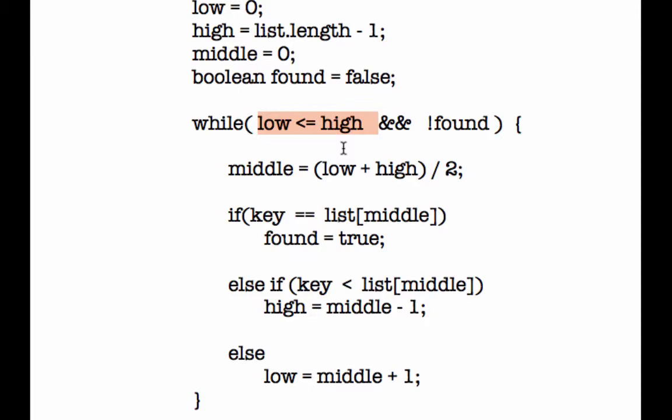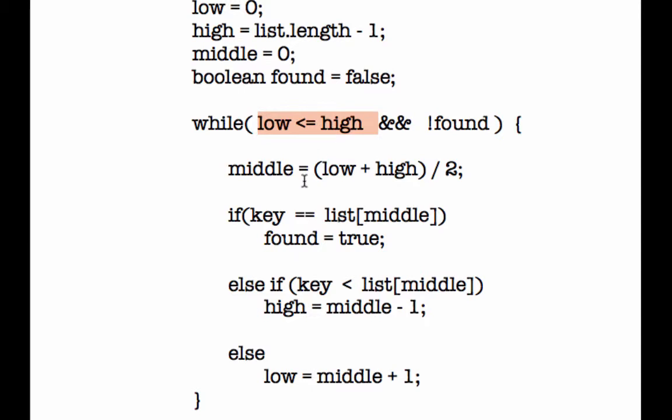There are some spaces in real life that I need to look for. The spaces are getting smaller and smaller because low is increasing and high is decreasing. Okay? So, as long as there is a space to look for, I need to do so.